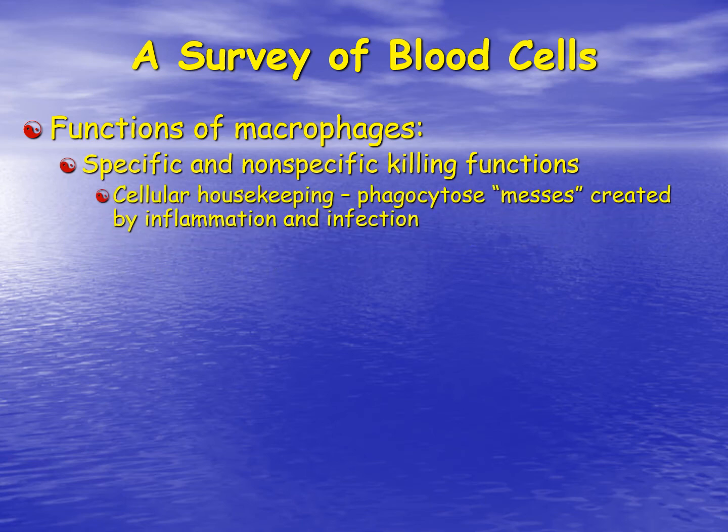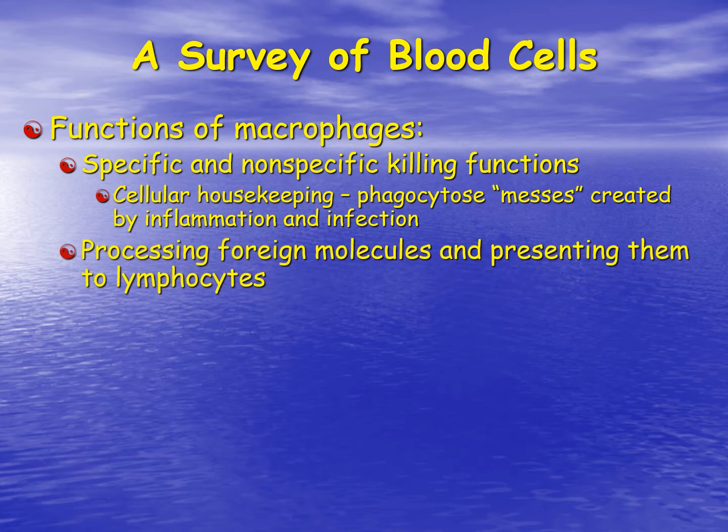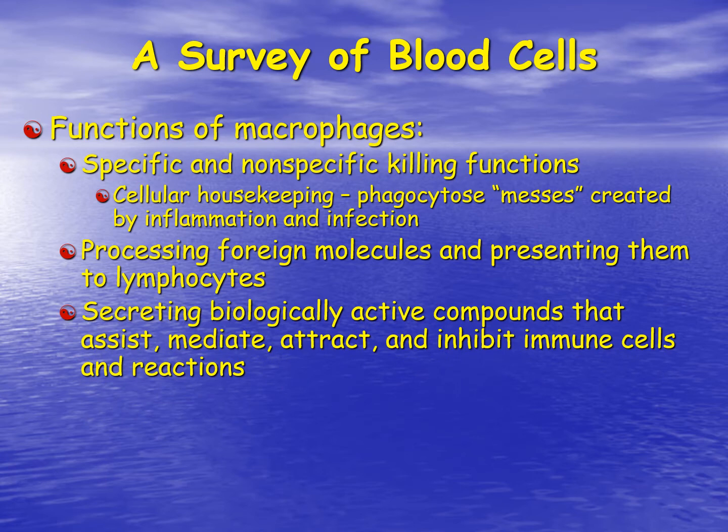They actually are in charge of cellular housekeeping. They phagocytize messes created by inflammation, infection, dead and dying cells. They process foreign molecules and present them to lymphocytes to actually activate the adaptive response. They secrete biologically active compounds that assist, mediate, attract, and inhibit immune cells and reactions.